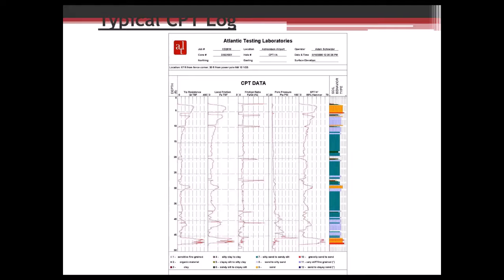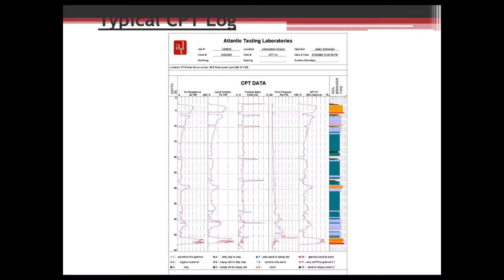So again, the second column from the left is the local friction, which is that friction sleeve. Then you have a friction ratio, which is a ratio of the friction sleeve to the tip resistance. The next column over is the pore pressure of the water, like I was talking about.